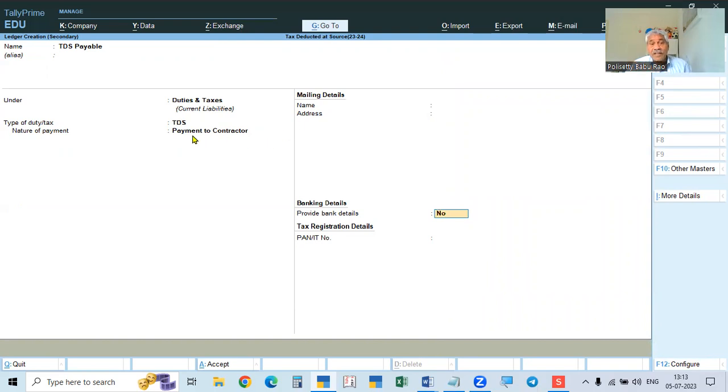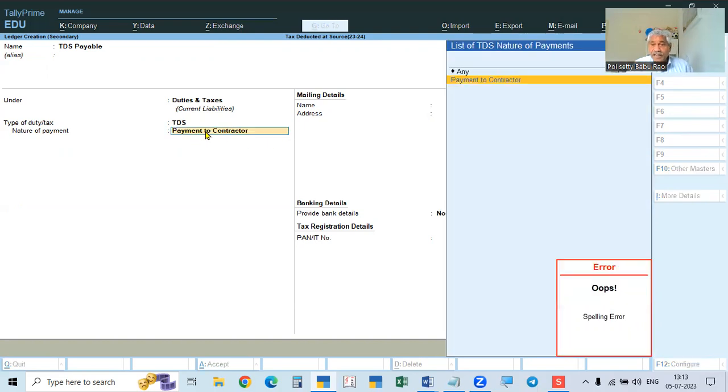There is another type as well. Payment to contractor is 194C. There is another one, 194J or 194A. In such a case, for each one, we have to create one account. Because if you take payment to contractor, then for another type of payment, you cannot create another account with the same TDS payable name.